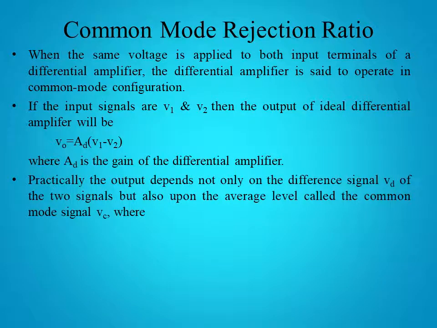But as we have seen earlier, practically the output not only depends on the difference of the two signals, but it also depends on the average level called the common mode signal, VC.